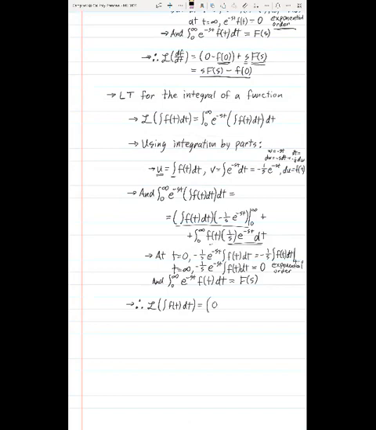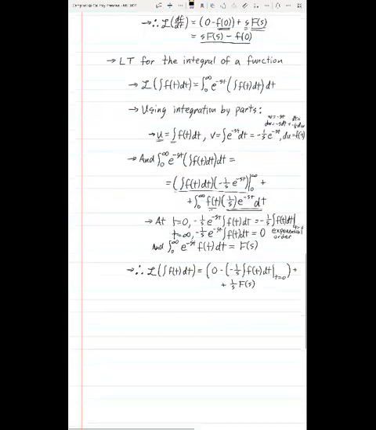And so then we have 0 minus this negative 1 over s times the integral of f of t dt, all that evaluated at t equals 0. So we have that, and then we have our minus. Actually, in this particular case, I think I already canceled out that minus, and so then we have our plus 1 over s times F of s.